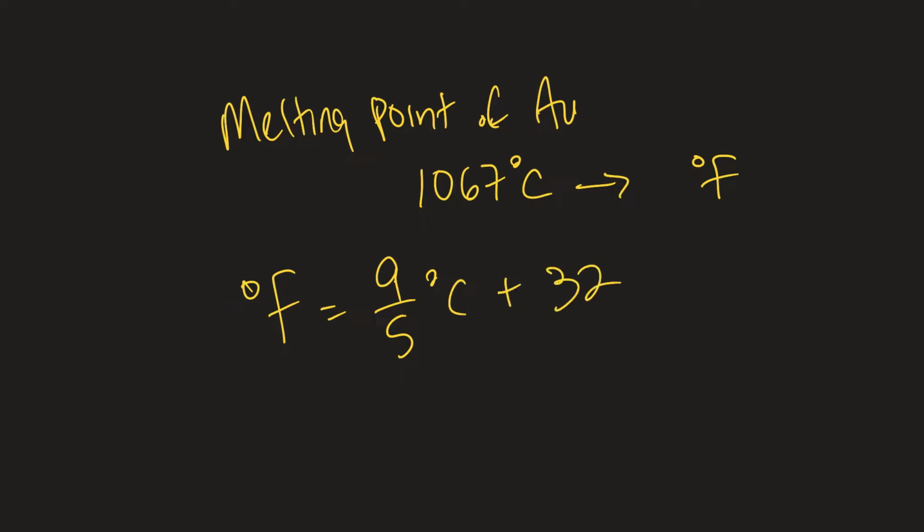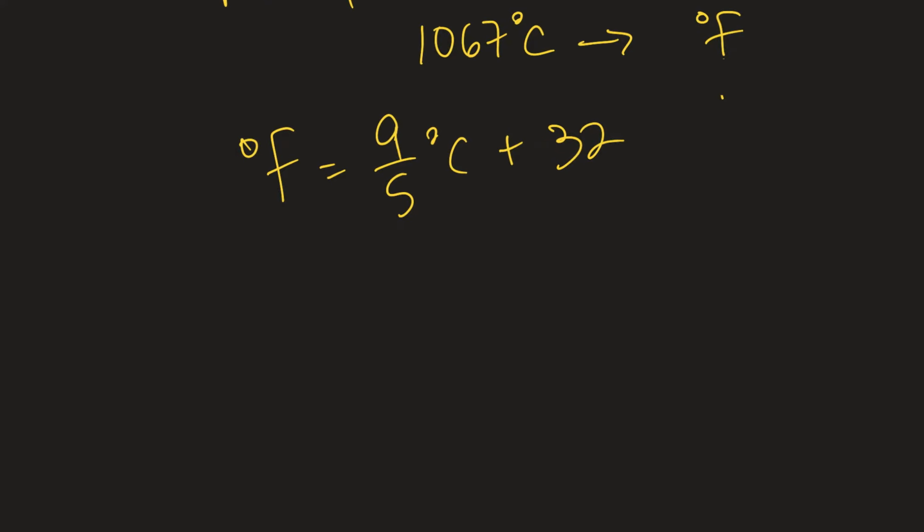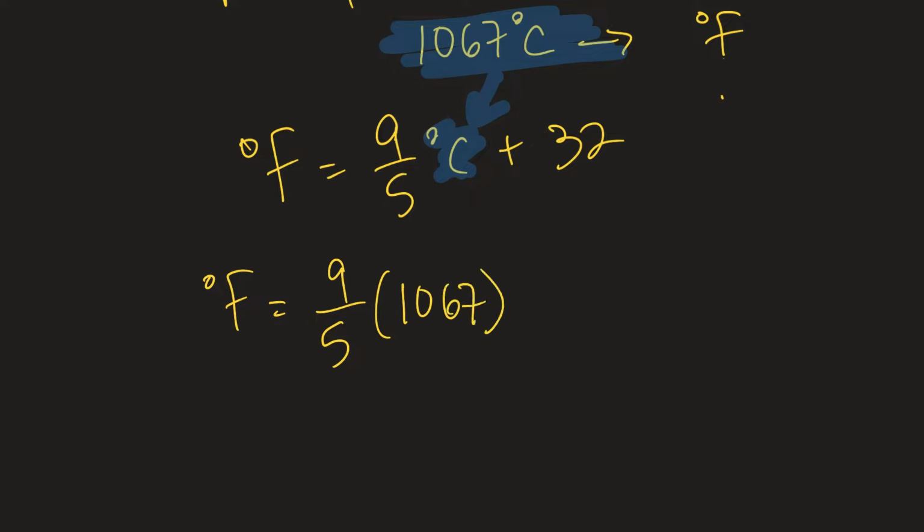So we plug this in, and here we have our degrees Celsius, and we substitute that here. When we rewrite this, we have degrees Fahrenheit equals 9/5 times 1067 plus 32. You just plug this into your calculator.